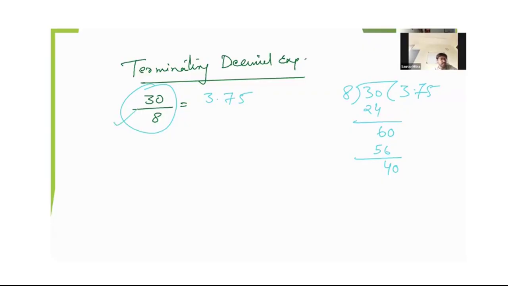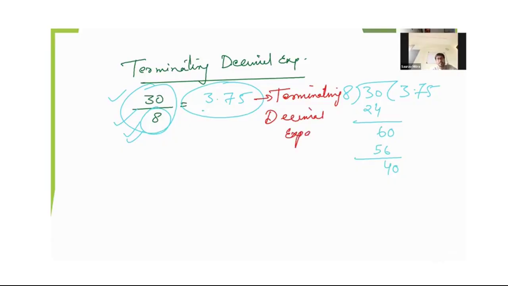See, this was a rational number p by q where q is non-zero. And if we write this rational number in terms of a decimal expansion, it is written as 3.75. And this 3.75 is your terminating decimal expansion.